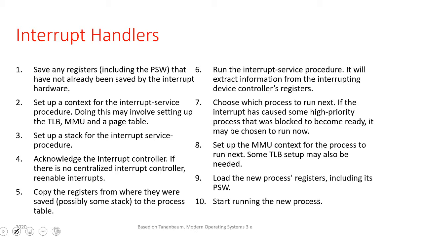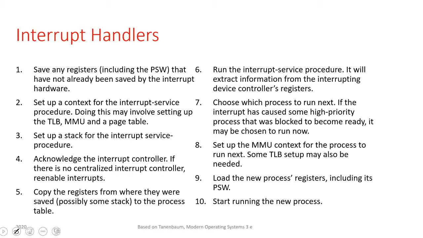When we think about interrupt handlers, they go through a set of steps when they are encountering an interrupt. When an interrupt comes, the CPU will have to stop whatever it is doing and save that information somewhere.